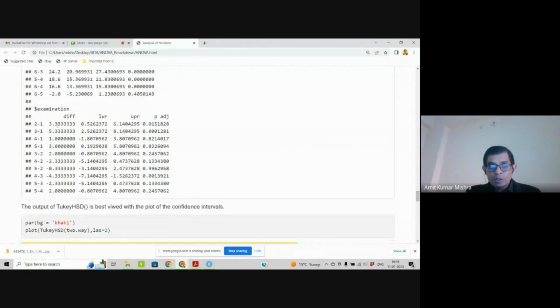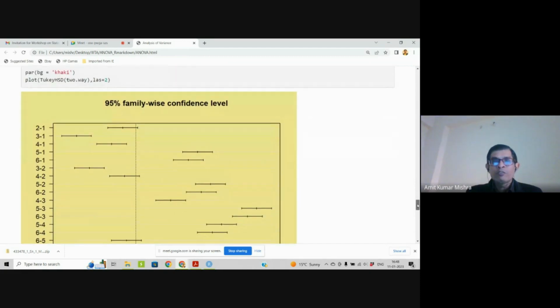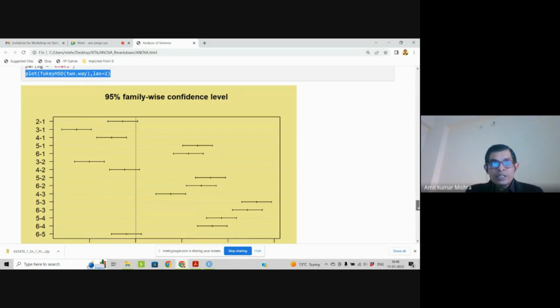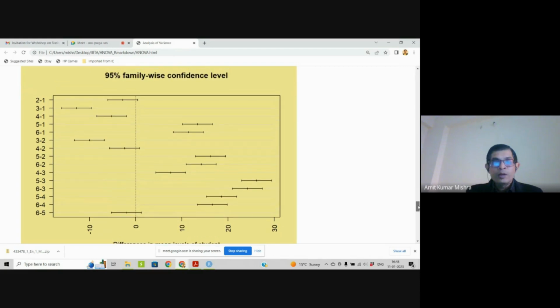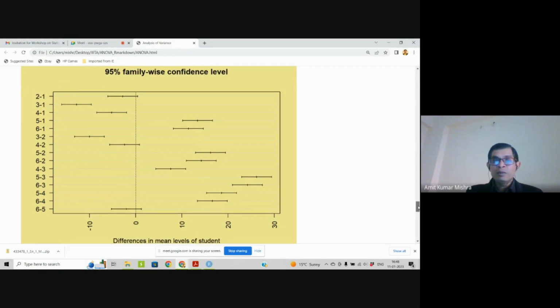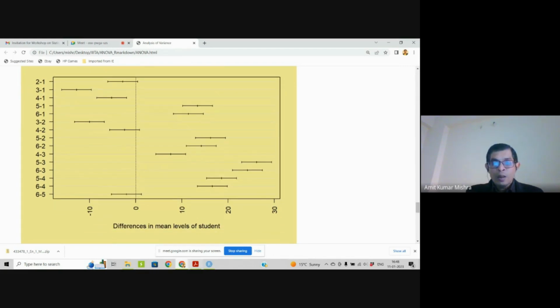In an examination, you can show the same thing, but analysis of this output is actually difficult. So we can plot it. With the help of a plot, it will be easy to understand. So the command is plot of Tukey HSD, las is 2. So this is the plot. Now see the first plot. This is the 95% family-wise confidence interval for students.